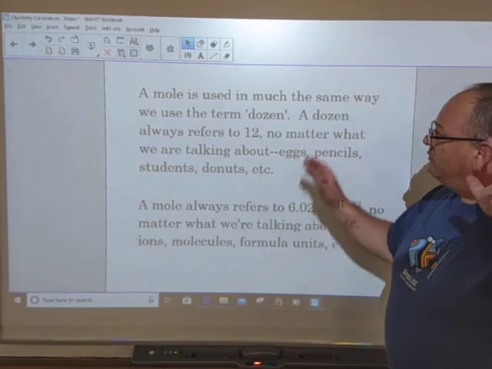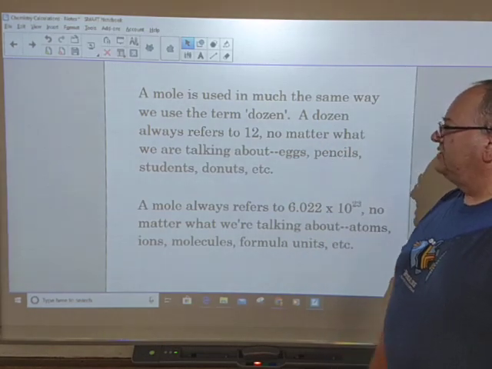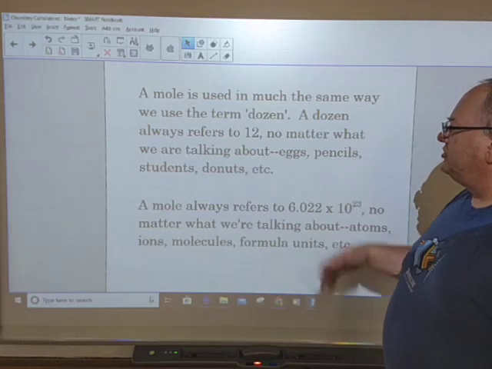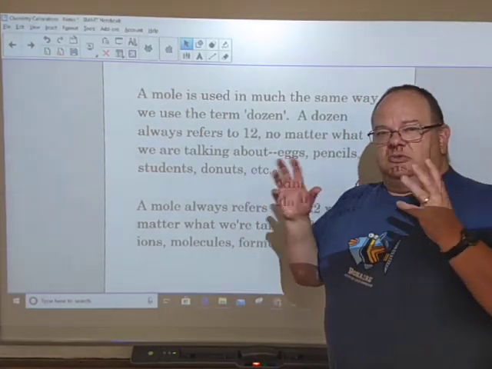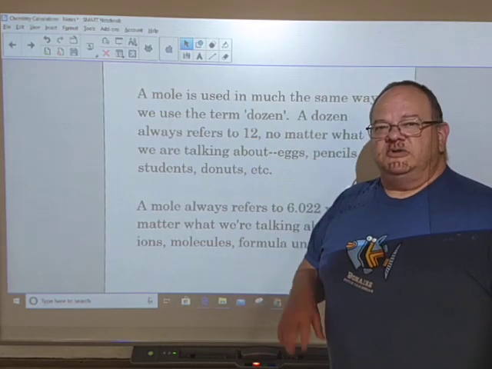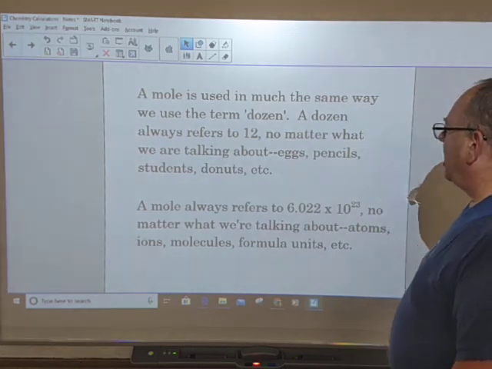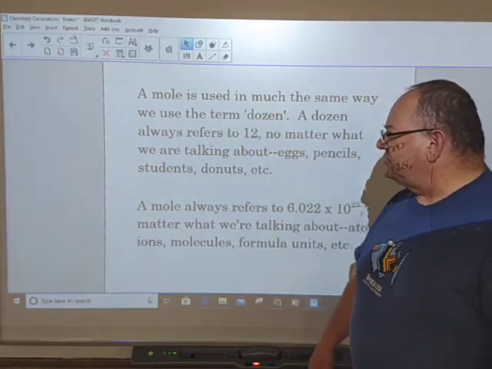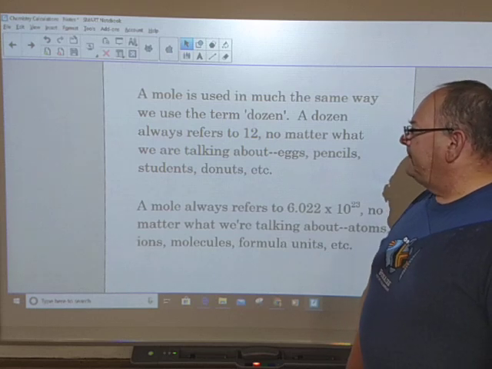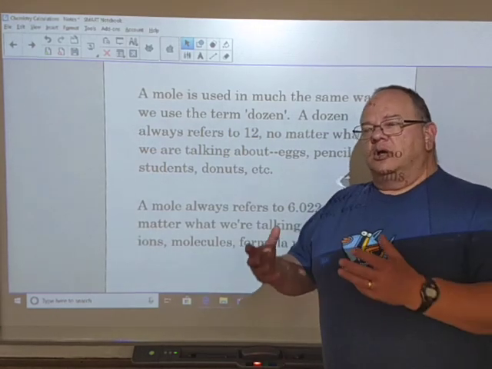The way we use a mole in chemistry is a lot like we use the word dozen in other things. So a dozen always refers to 12. Okay? At home, got cartons of a dozen eggs in the refrigerator. You might buy a box of pencils, and it comes a dozen pencils sometimes. I have bought a package of 72 pencils. 6 dozen.